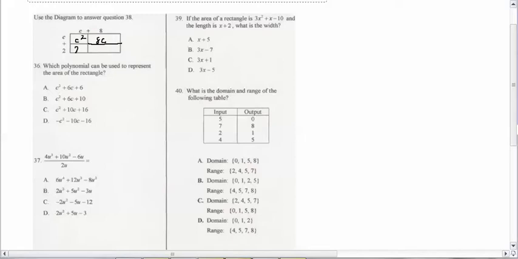C times 2, 2c, and 8 times 2, 16. Now I combine like terms. I have 1c squared, 8c and 2c is 10c. So I'm adding them, plus 16. Okay, let's see if we can find our answer there. And it looks like it's letter C.